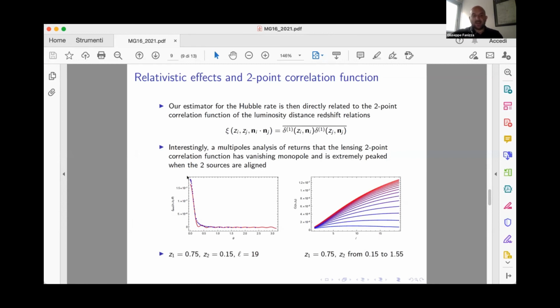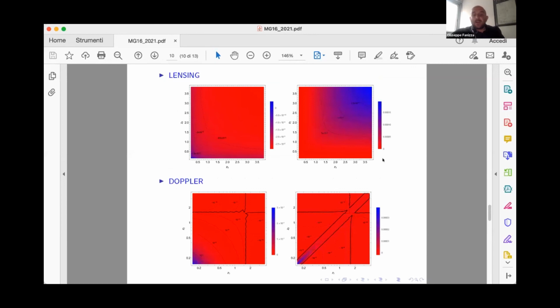So in this sense, this angular two-point correlation function can be seen as a spike function when the sources are really aligned, and this function rapidly becomes negligible in value.